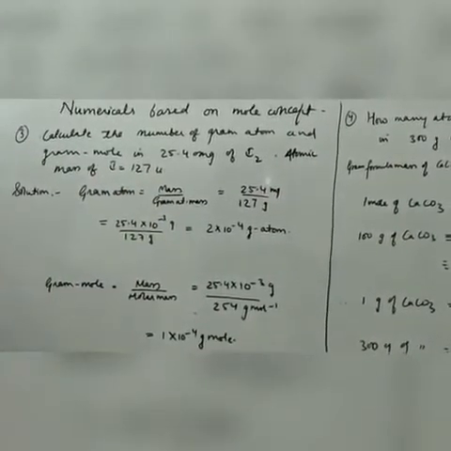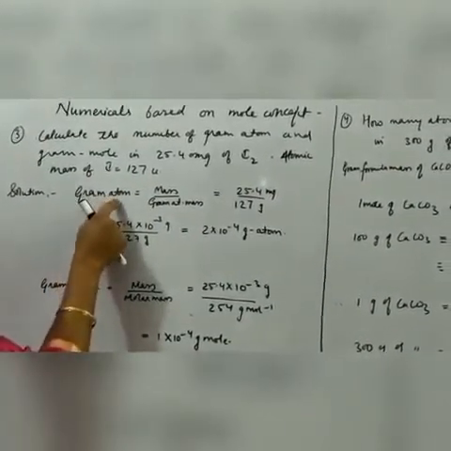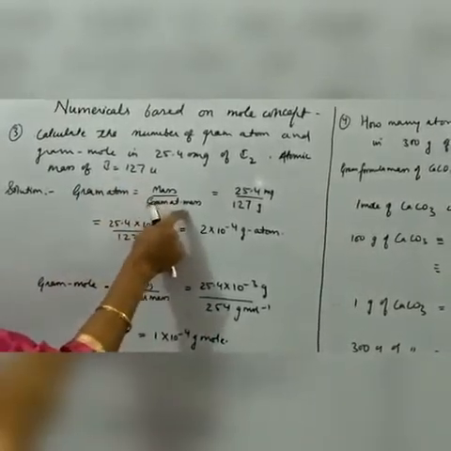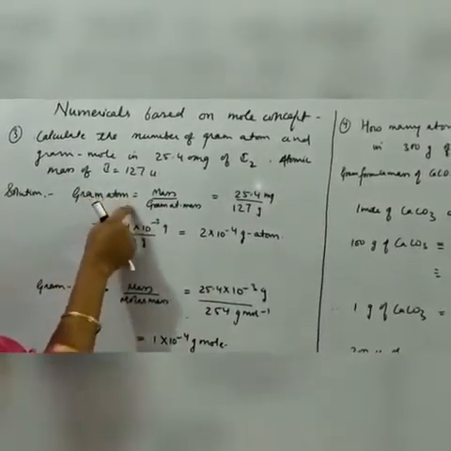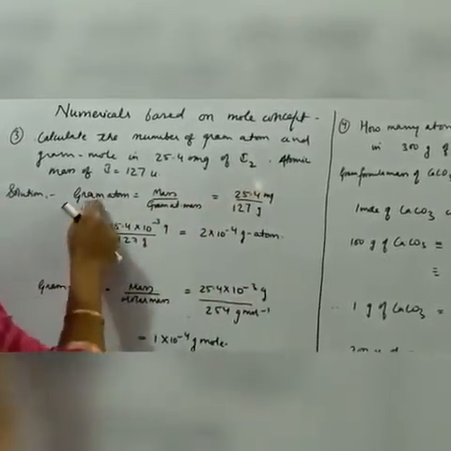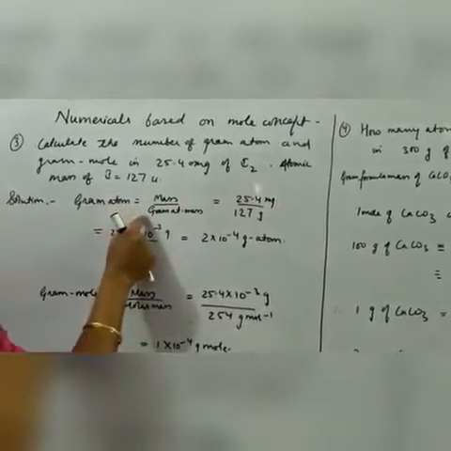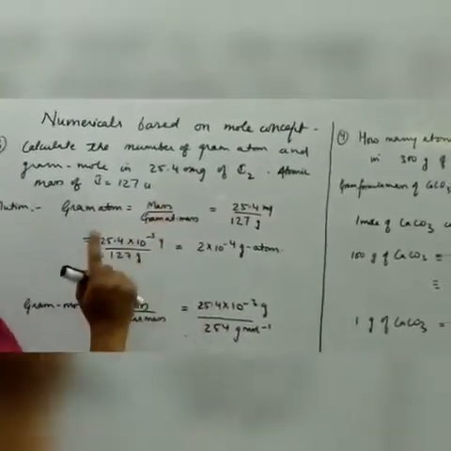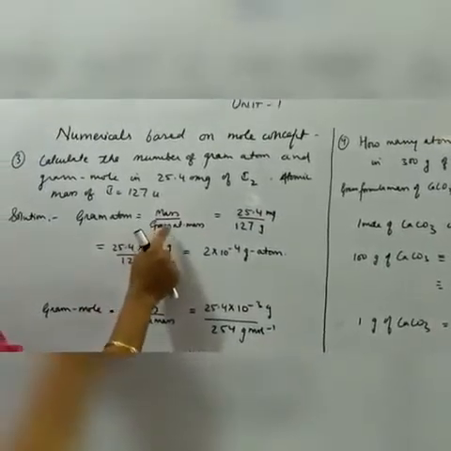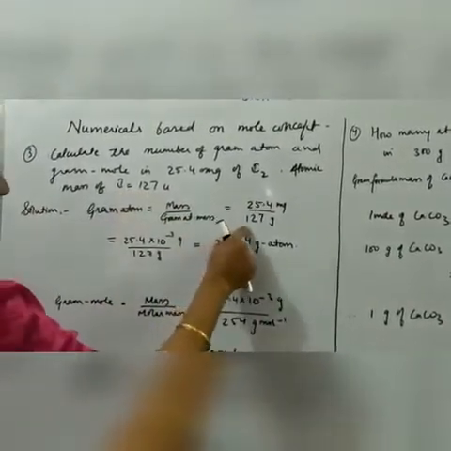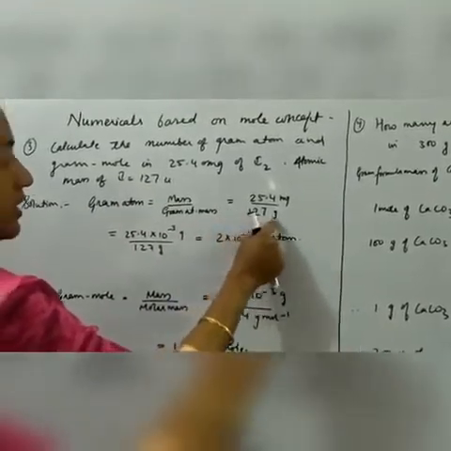Now in this numerical we have to calculate the gram atom, that is mass upon gram atomic mass. The given mass is 25.4 milligrams, and since it is in terms of atoms, we write gram atomic mass, the atomic mass in terms of gram of one atom. So it is 127 u, or in terms of gram, 127 grams.